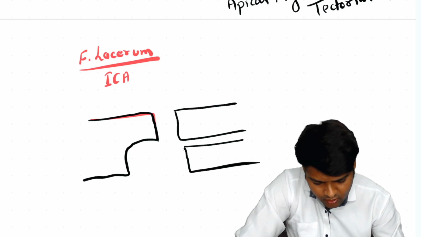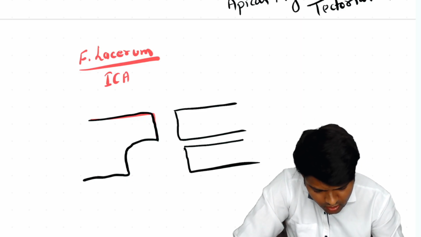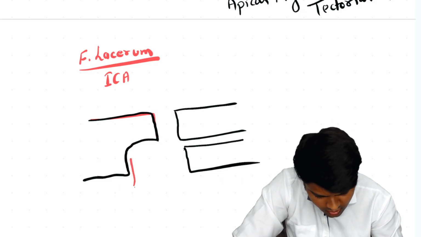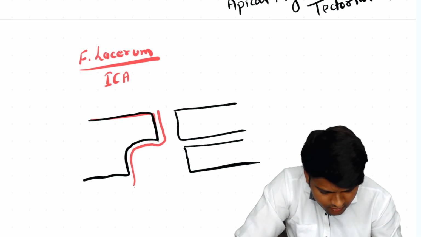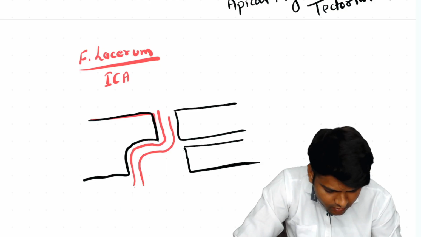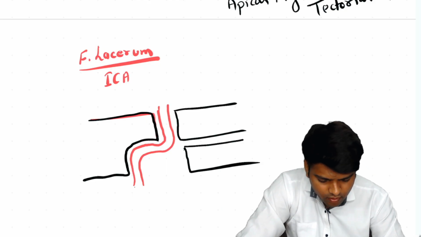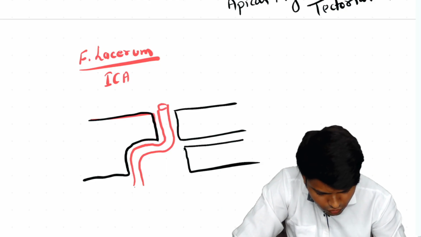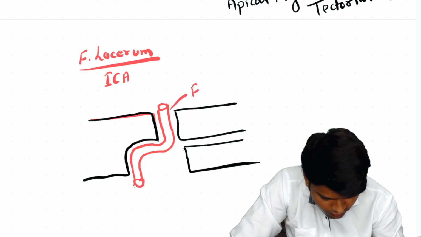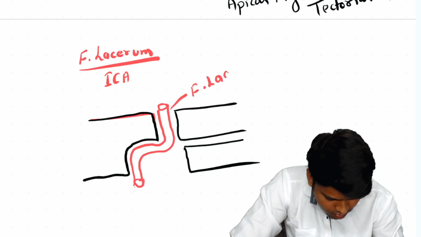From here the internal carotid artery enters the carotid canal, takes a bend and goes toward the foramen lacerum.